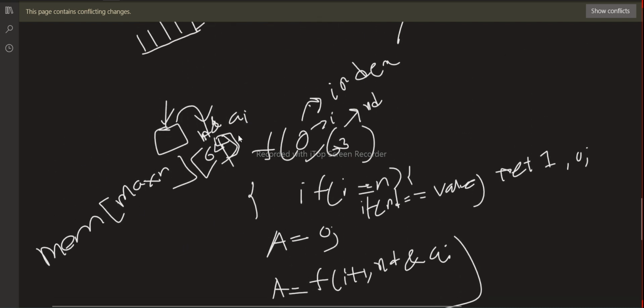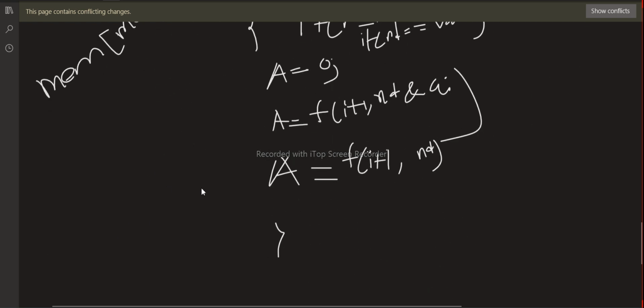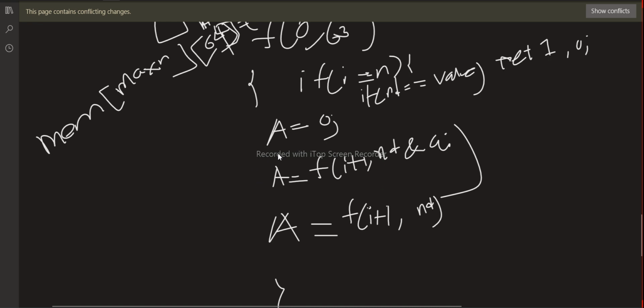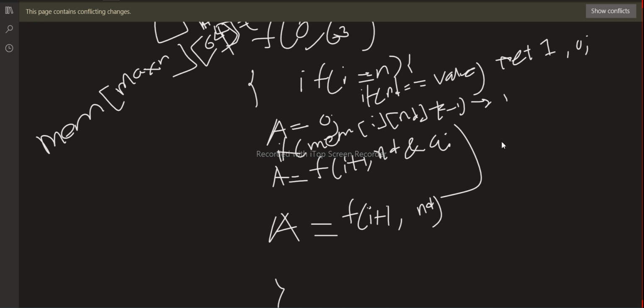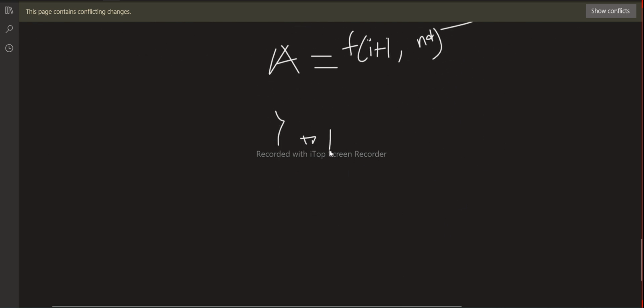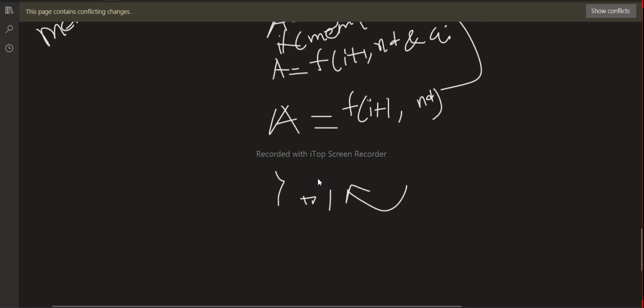Initially all the elements are minus 1, that means mem set equal to minus 1. So I have memoized like that. If mem of i and end is not equal to minus 1, then return it, otherwise return from this line, right?